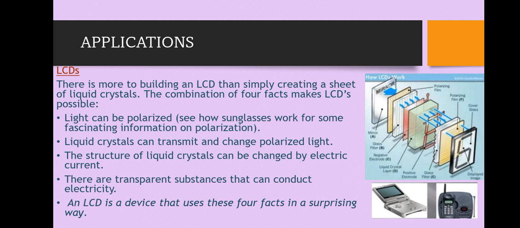The working of an LCD is as follows. When light from a light source is emitted, it is allowed to fall on the vertical polarizer, and then the unpolarized light from the source becomes vertically polarized. When initially no external potential is provided between two electrodes, the molecules of the liquid crystal remain twisted, and hence the vertically polarized light can pass through and switch on the screen. When the current is applied, the molecular arrangement changes, and the cell appears dark or opaque.